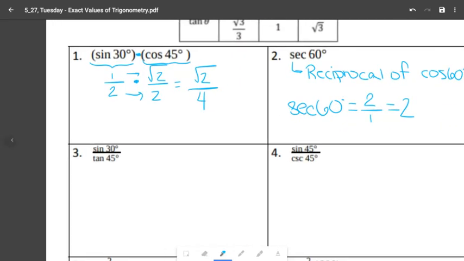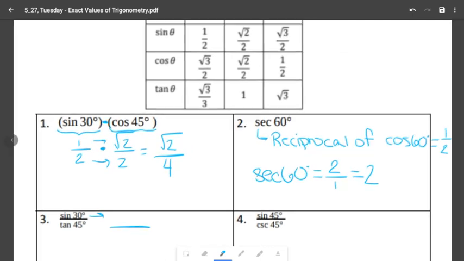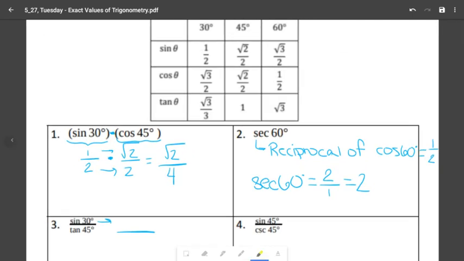Number 3, we have 2 different things happening here in the numerator and denominator. So starting with the numerator, sine of 30, we're going to go find the sine and the 30. They overlap at 1/2.